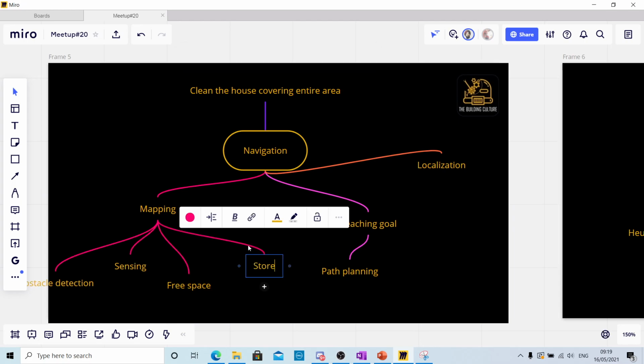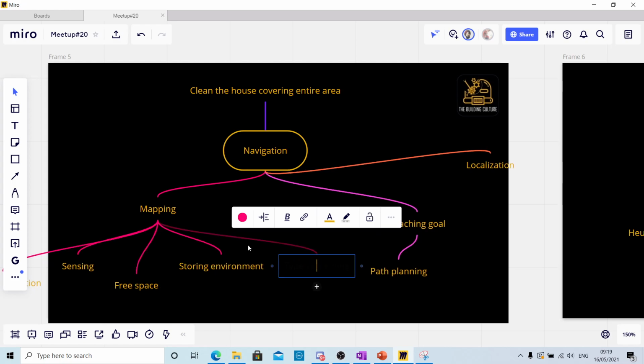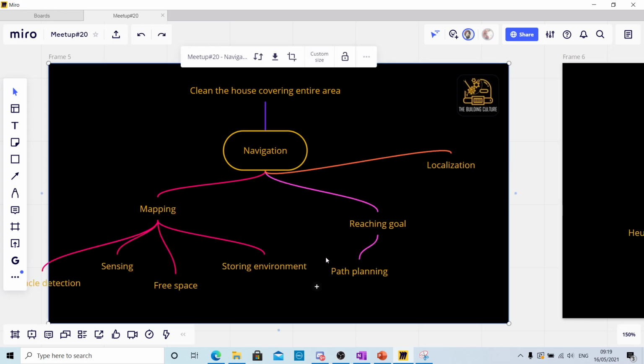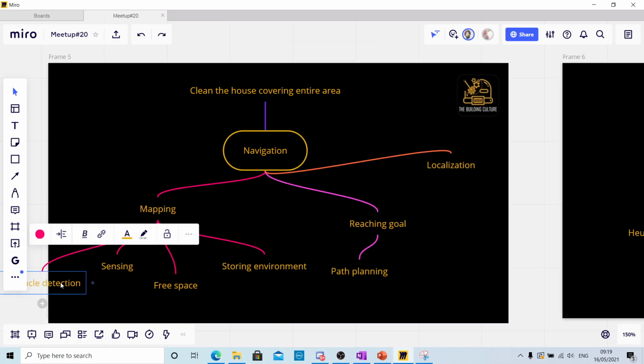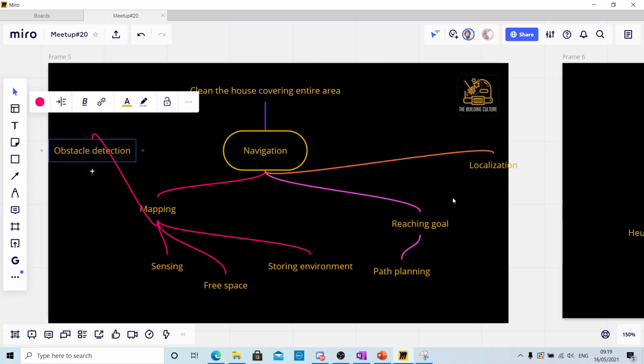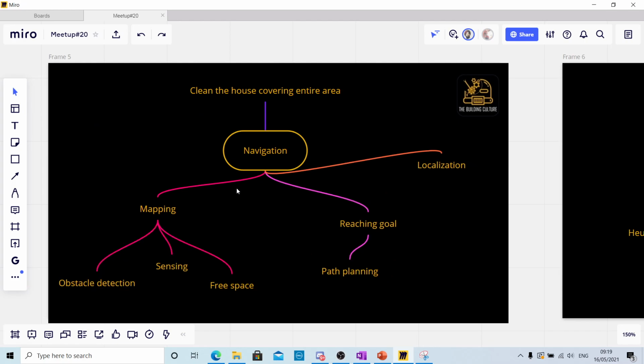So storing environment details, probably something. I guess I'll switch to writing by hand from the next slide.